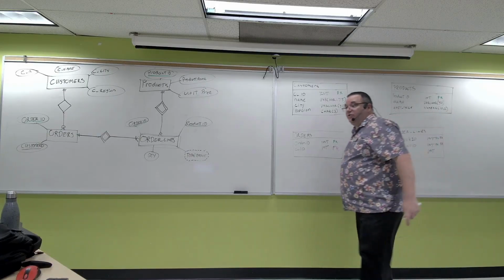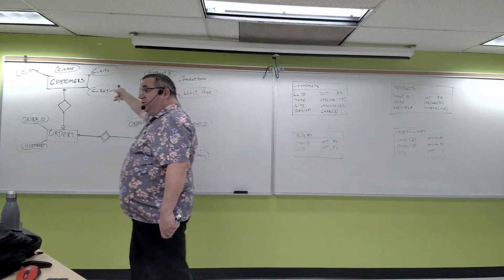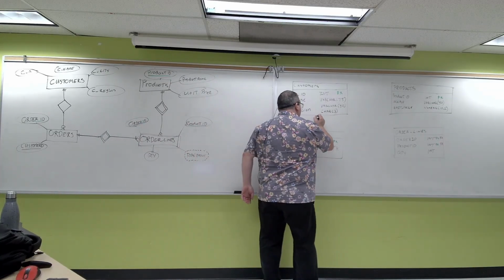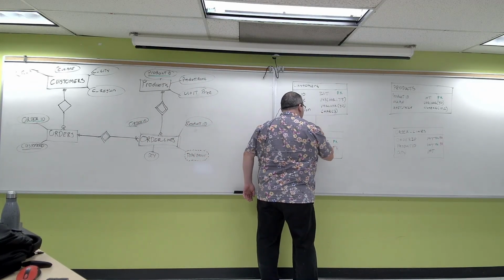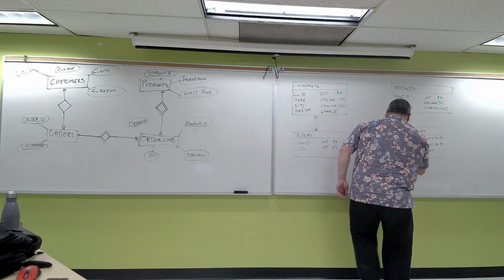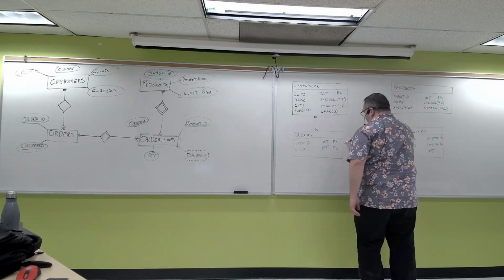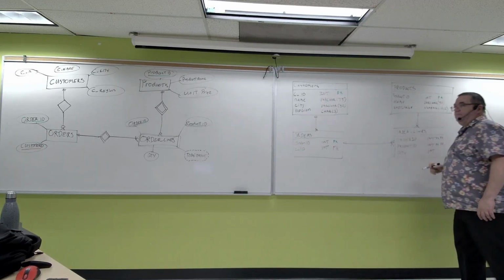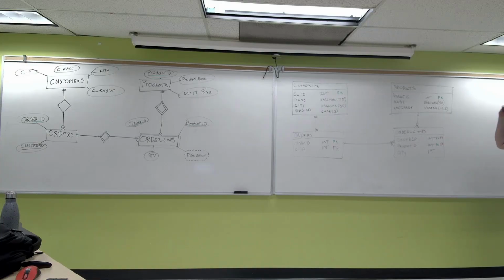And all we have left to do is draw our relationships, but that's not hard because we already know what they are. We just have to redraw them without the diamonds. Voila.